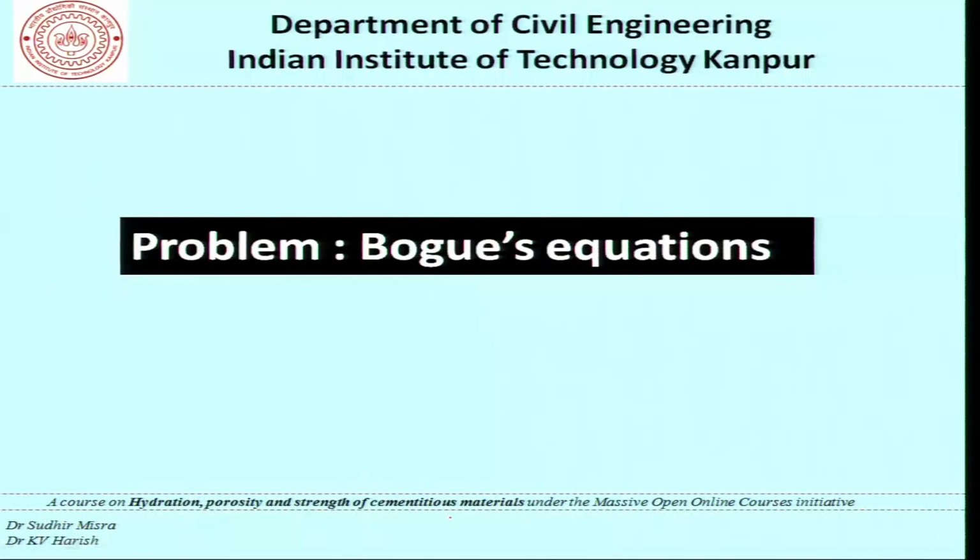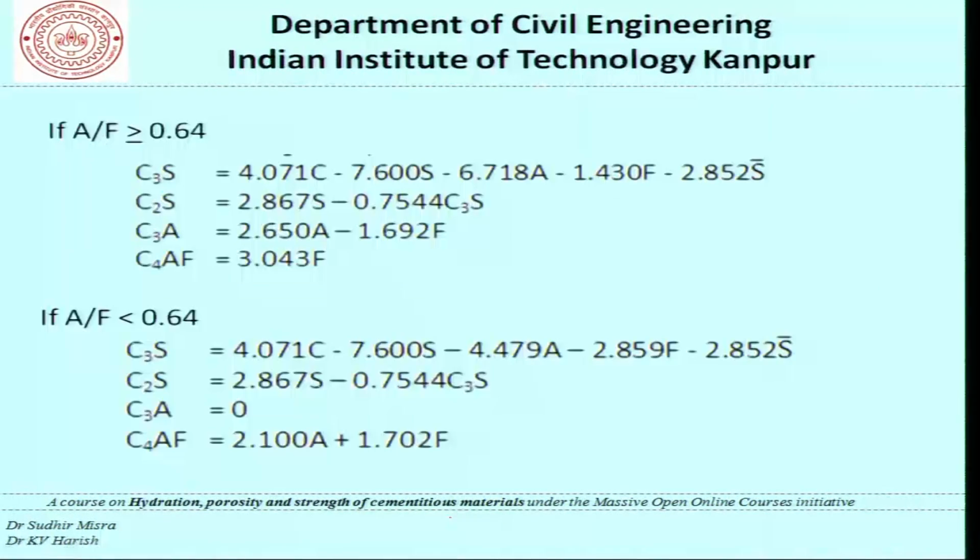Coming to yet another example of what has already been done in this course, we did the Bogues equations, and what the Bogues equations do is to help us evaluate or understand the composition of cement in terms of the solid complexes C3S, C2S, C3A and C4AF, depending on the oxide compositions in terms of calcium oxide, silicon oxide, aluminum oxide and so on.